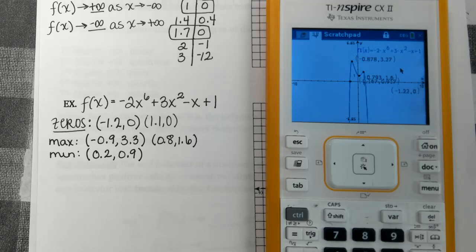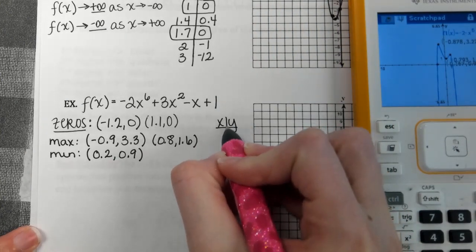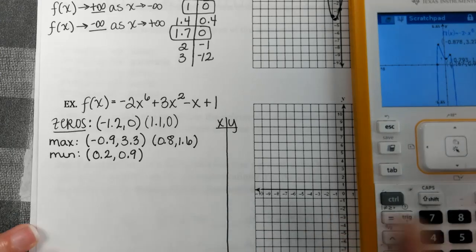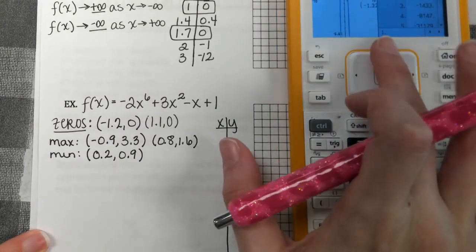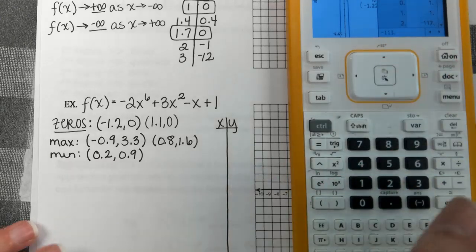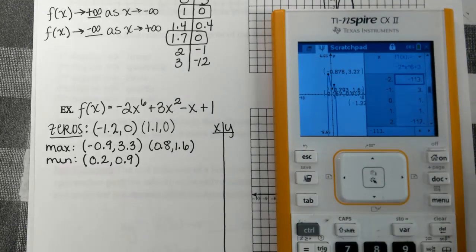So, our table. How do I get to my table? Control T. If you look at your table, it's a very large jump from -1, 3 to -2, -113.